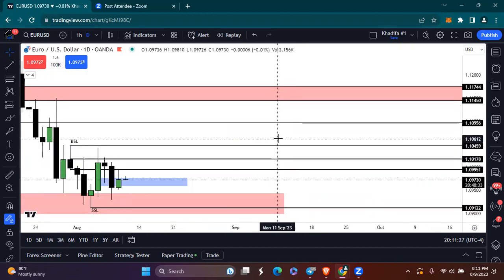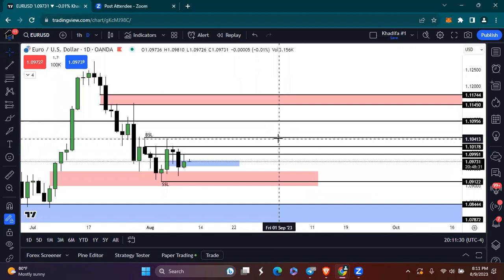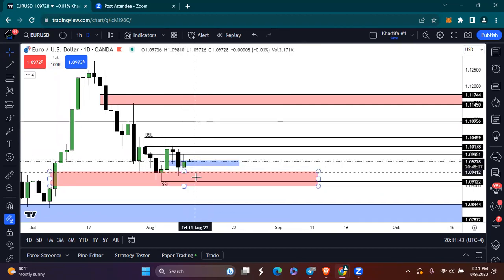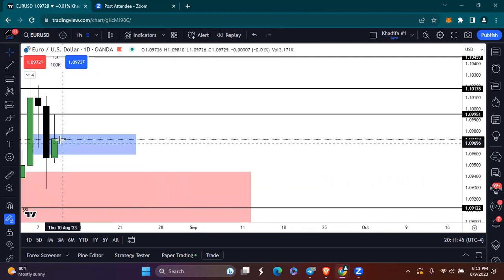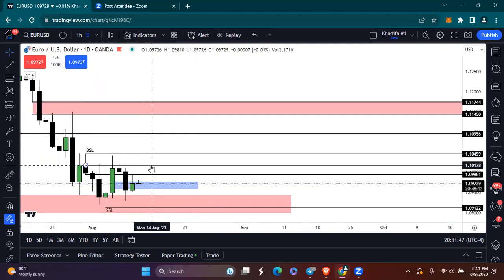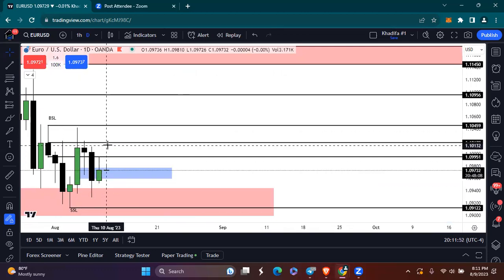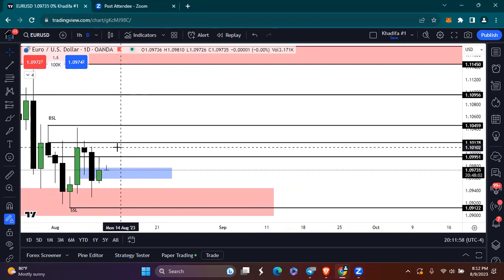With that being said, Euro USD, we pushed below that discount array from Friday. We pushed below it, closed below it. Today we pushed back up to retest the weekly premium array, that lower level of that premium array.